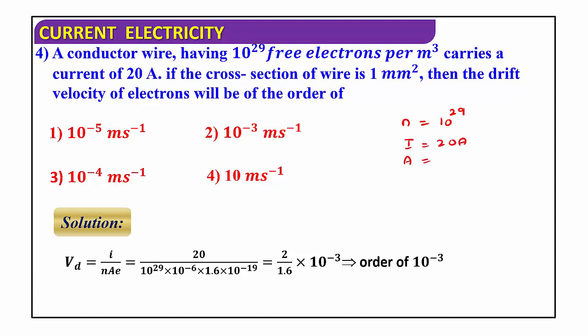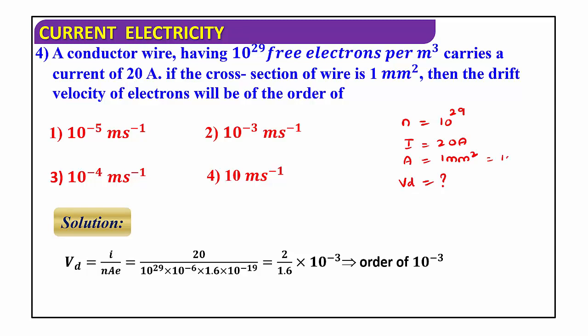Area is given, 1 millimeter square. So we have to find the drift velocity, right? Everything is given. I value is 20 ampere divided by 10 raised to 29 free electrons per unit volume, into area, 1 millimeter square, so 10 raised to minus 3 squared.